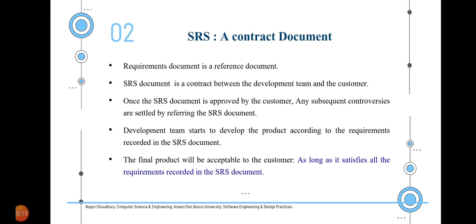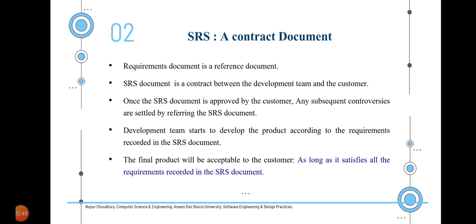So, the software requirements specification, as already mentioned, behaves like a contract between the developer and the customer. And as already mentioned, it is also a reference document. Once the SRS document is approved by the customer, any subsequent controversies or confusions related to the development are settled by referring to the SRS document.